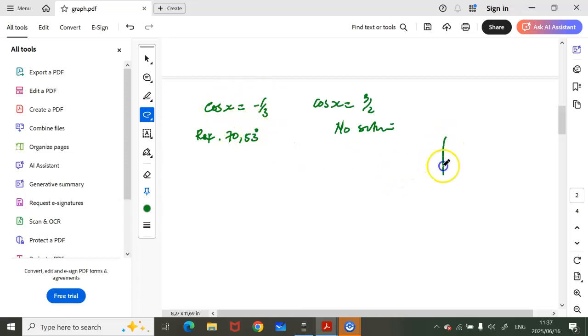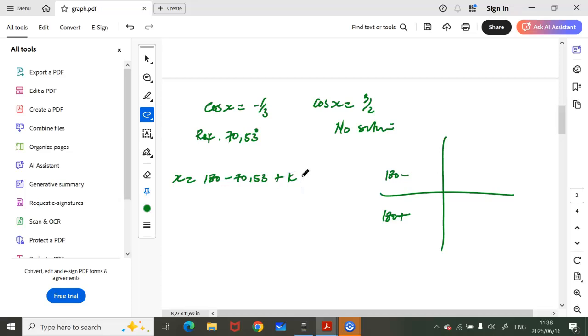It's on the second quadrant where it's 180 minus, and on the third quadrant where it's 180 plus. So x will be equal to 180 minus our reference angle plus k times 360, where k is an element of all integers. That's number 1.